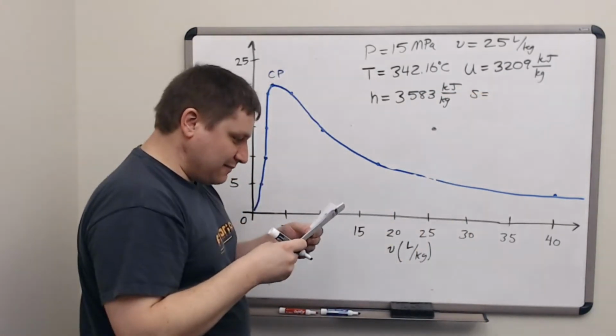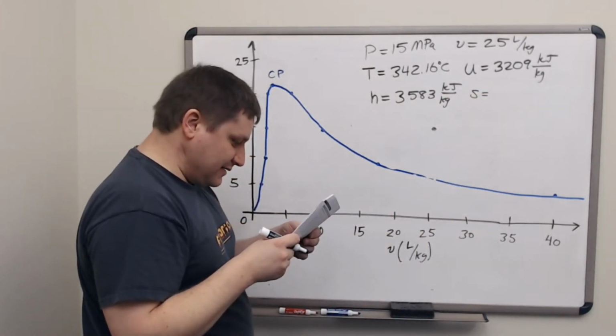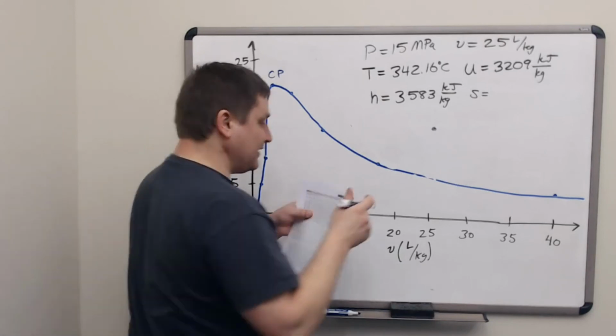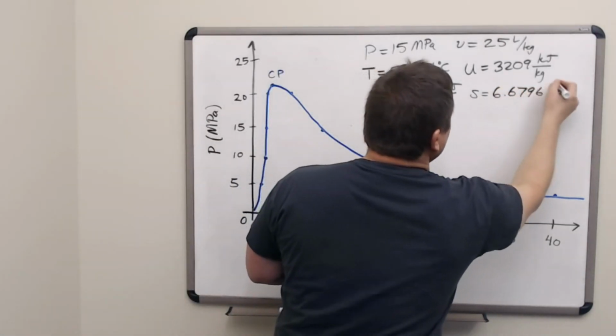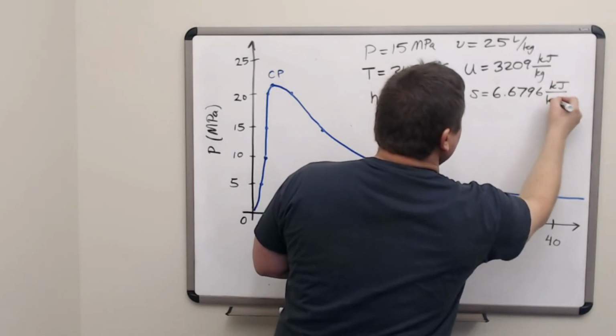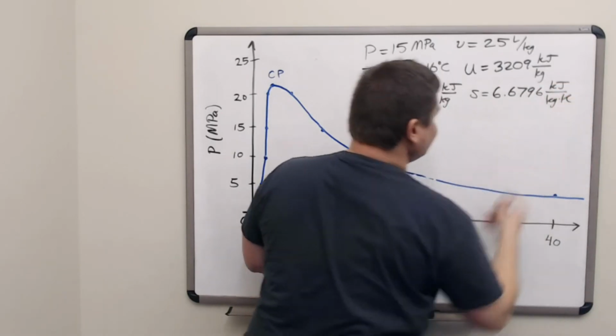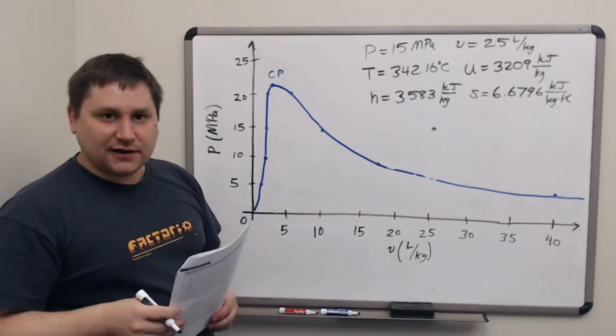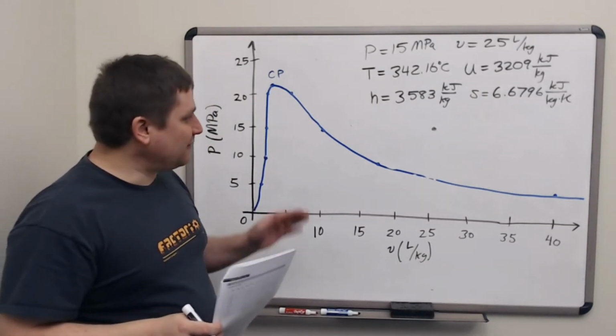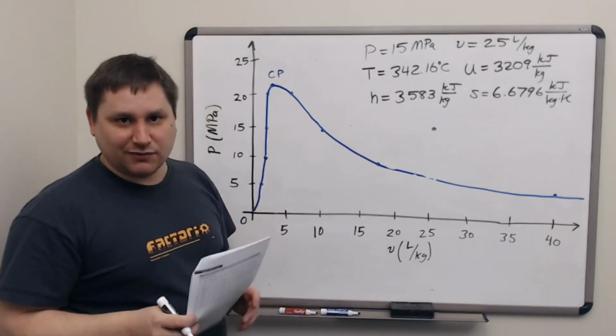And the entropy per unit mass would be 6.679 kilojoules per kilogram per Kelvin. This is how we determine the properties of a purely steam system over to the right side of the envelope.